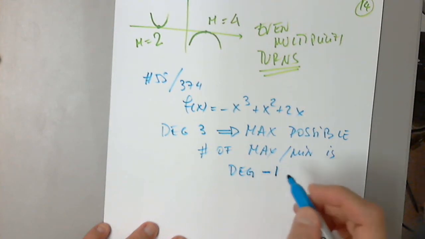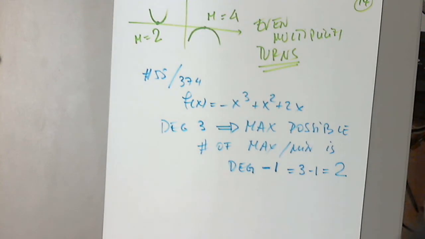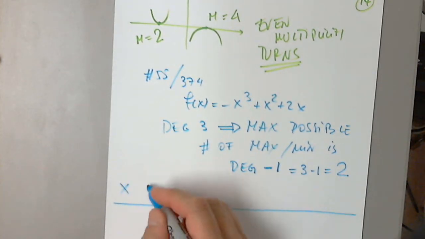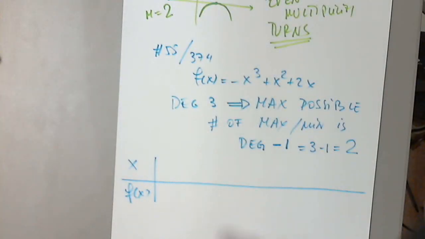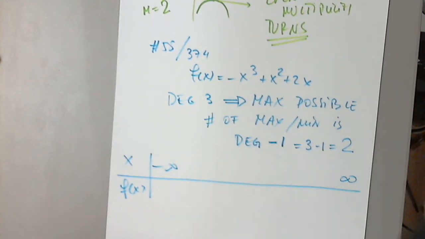That's always mandatory. 3 minus 1 is 2. So if you say degree 3, you cannot look for more than 2 max or min. Okay, and now let's get the table started. Please give me the domain of this function. Right, this is a polynomial function. No discussion there. Perfect.